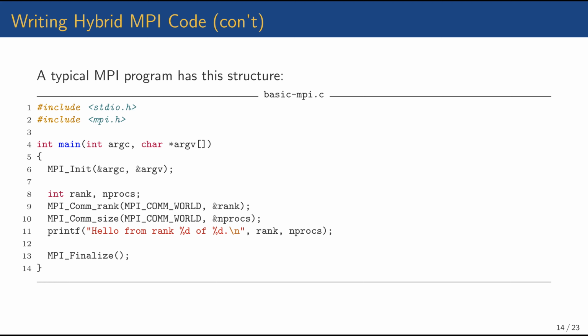That's the only one that should call MPI finalize. And whatever thread calls MPI finalize, where there are various nuances, the cleanup code you need should go after that in that thread. I just want to mention that so you're aware of it.